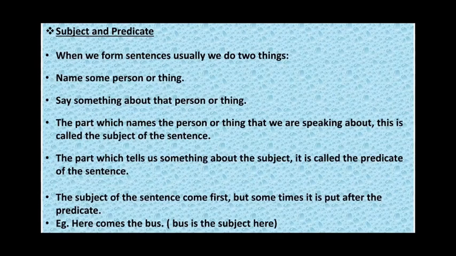So children, a sentence consists of a subject and a predicate. That is, you mention a person's name or a thing, and then you say something about that person or a thing. So children, the part which names the person or thing that we are speaking about, this is called as the subject of the sentence.